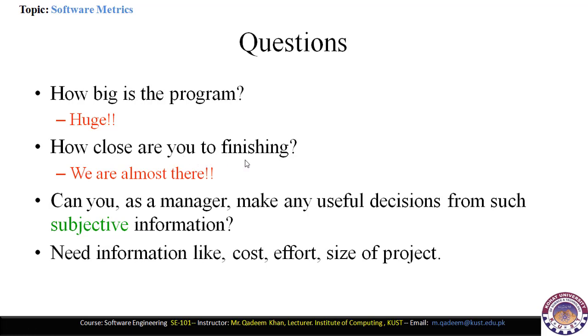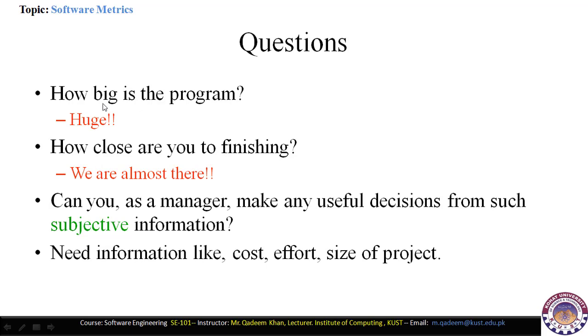That means how near you are to completing your project. This can be answered like, we are almost there, meaning we have almost done it. You can see that there is no clear-cut answer to these two questions.